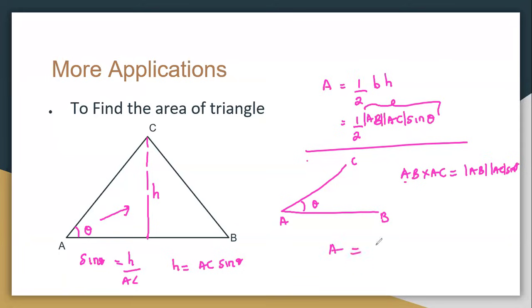So the area of any triangle can be given by half the magnitude of vector AB cross vector AC. Hope that is okay. And please take note that these are magnitudes. Don't forget, area is a scalar. So you have to get the magnitudes.